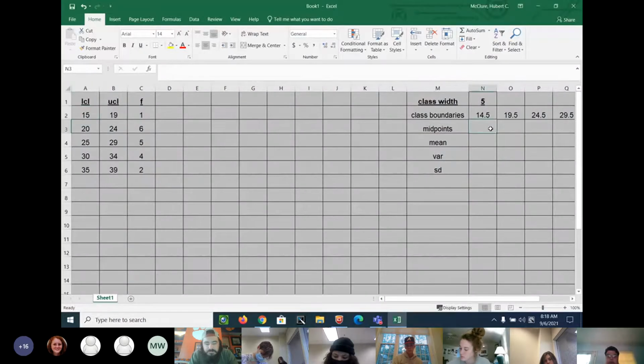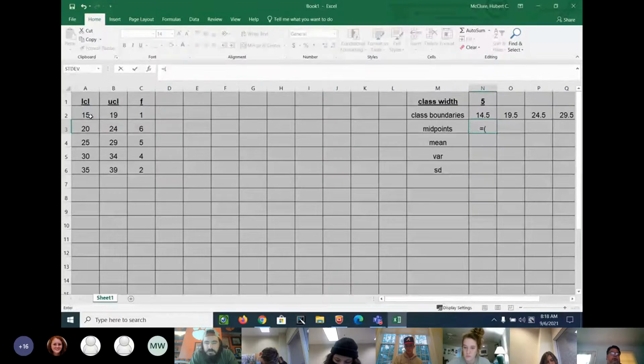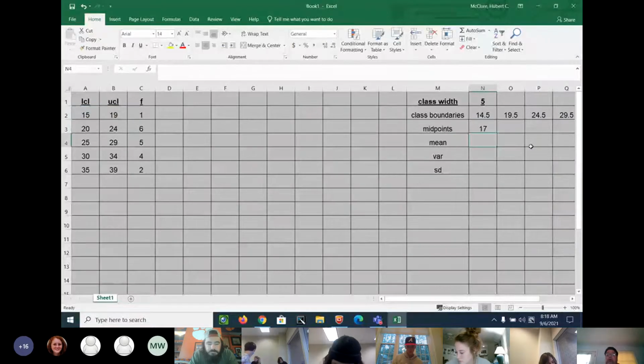Midpoints equal the first lower class limit plus the first upper class limit divided by 2, and add the class width several times, plus 5.